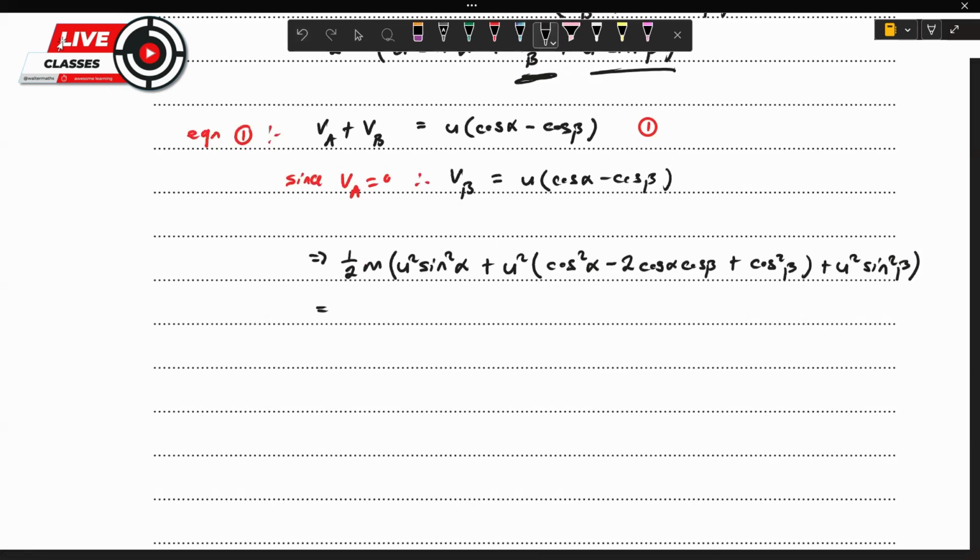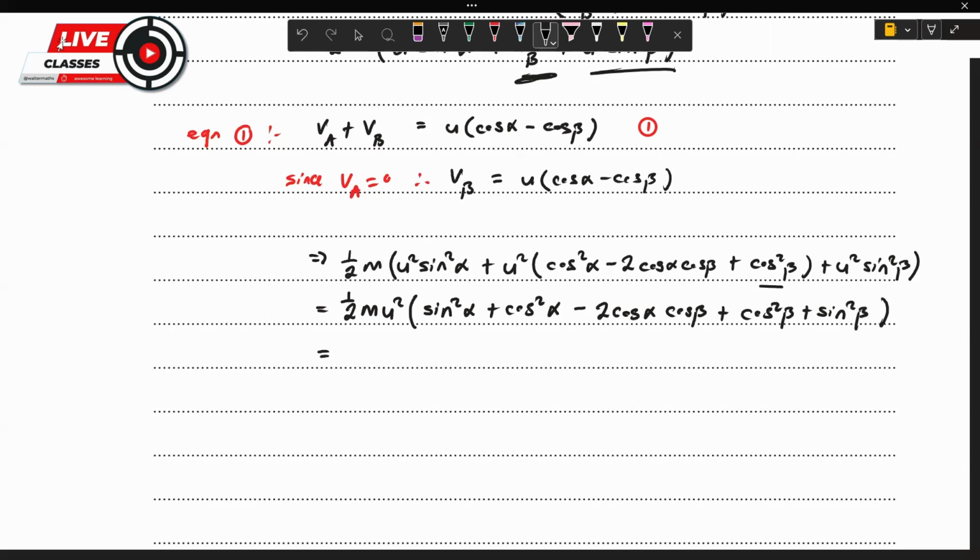So this is going to be half m u squared of sine squared alpha plus cos squared alpha minus 2 cos alpha cos beta plus cos squared beta plus sine squared beta.